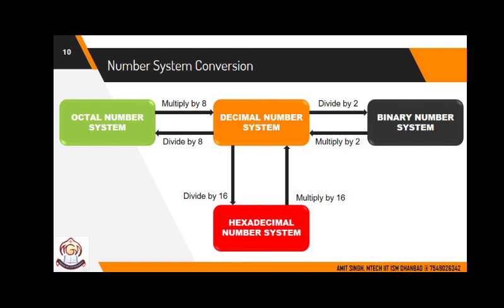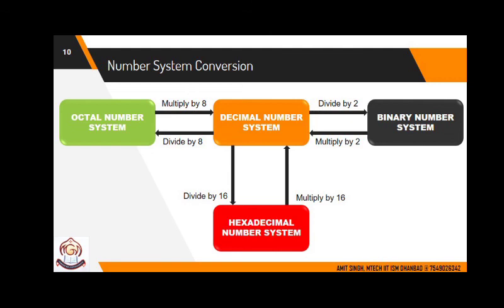Then if we have to move from decimal number system to binary number system, we have to divide the digit by 2, while when we are moving from binary number system to decimal number system, we have to multiply the digit by 2, and when we have to move from decimal number system to octal number system, then we have to divide the digit by 8.